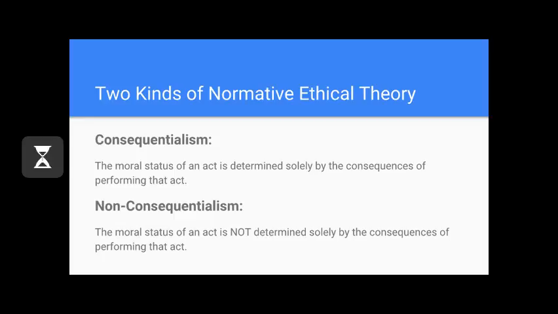We'll say that the hedonic theory is an example of a consequentialist moral theory, while the Golden Rule theory is an example of a non-consequentialist moral theory. According to consequentialism, the moral status of an act is determined solely by the consequences of performing that act, while according to non-consequentialism, the moral status of an act is not determined solely by the consequences of performing that act.